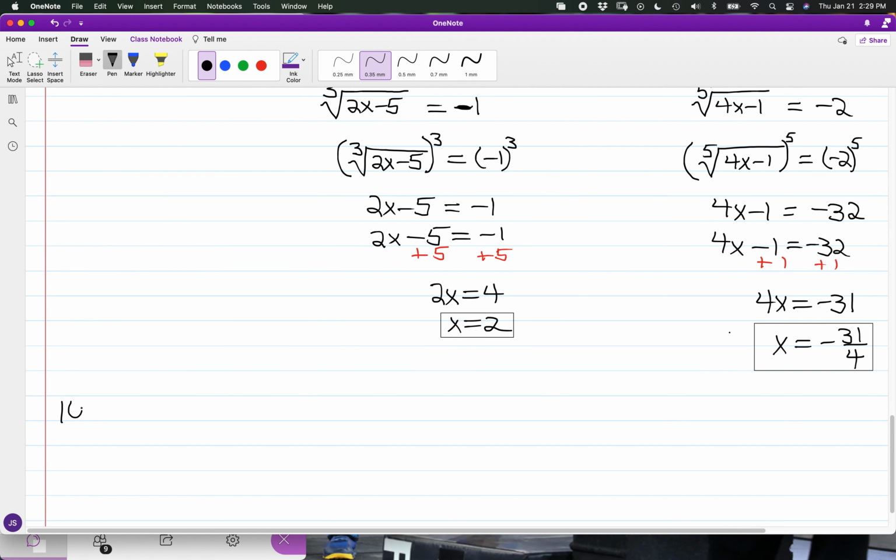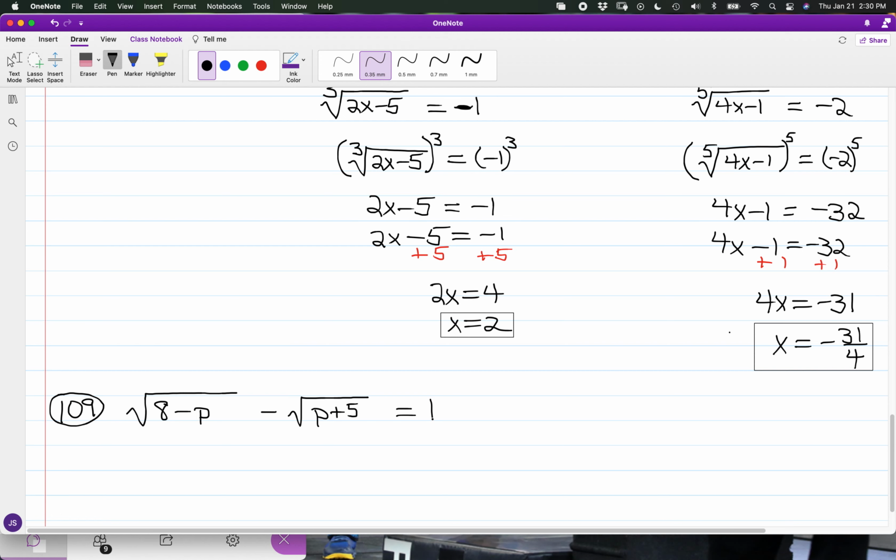And for 109, now we're looking at solving for the variable p, whereupon we have the square root of 8 minus p minus the square root of p plus 5 is equal to 1.